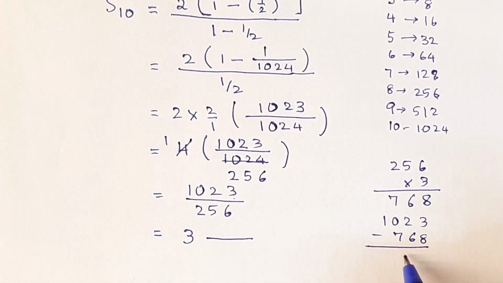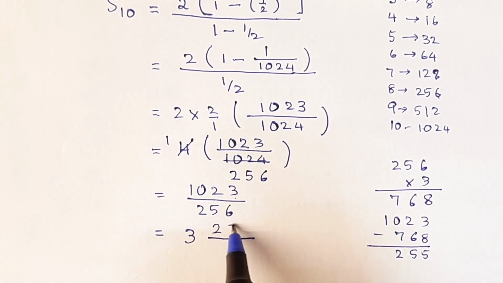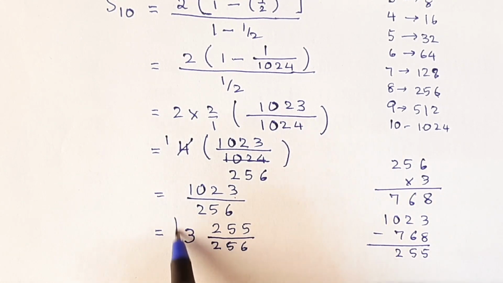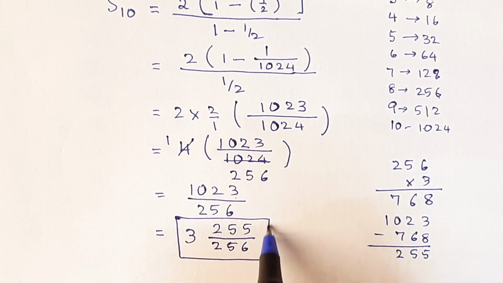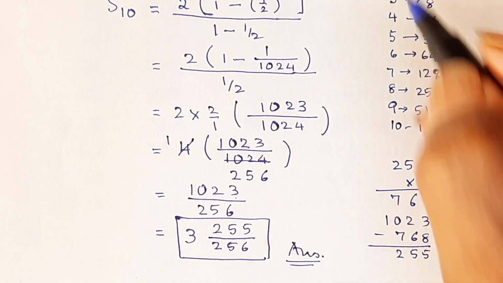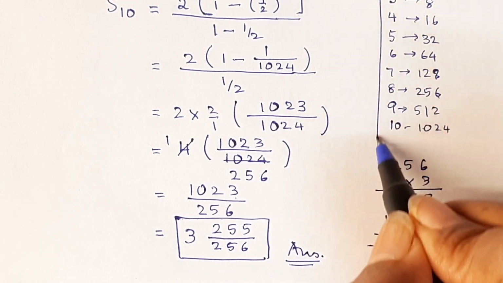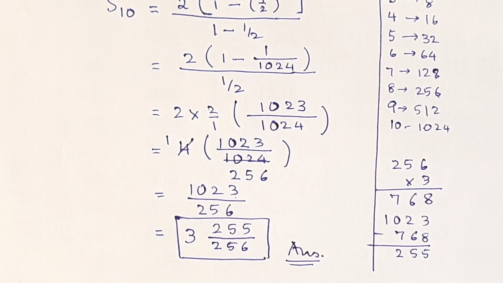Now how much do you get here? 255. So you will have 255 upon 256, and that is our answer. We can just put a column here for our rough work.